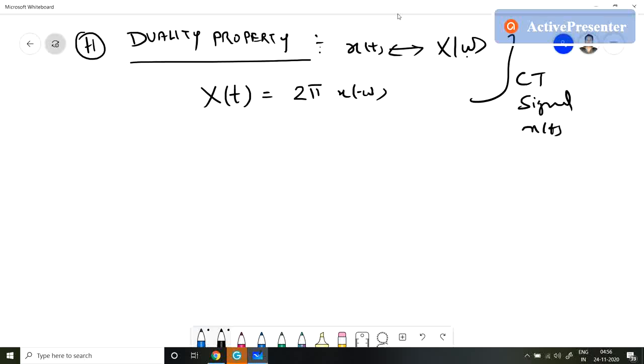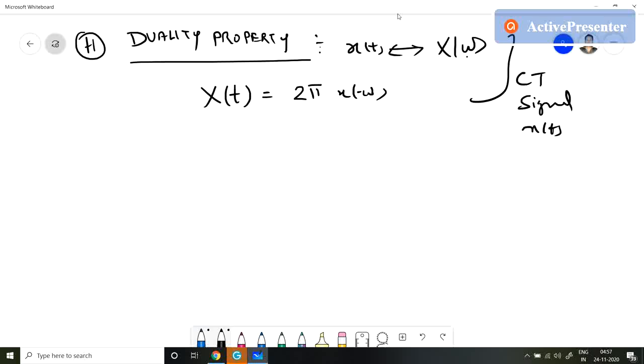Just like that, if we consider the discrete time case, then what will happen? We have to consider it in terms of the Fourier coefficient.